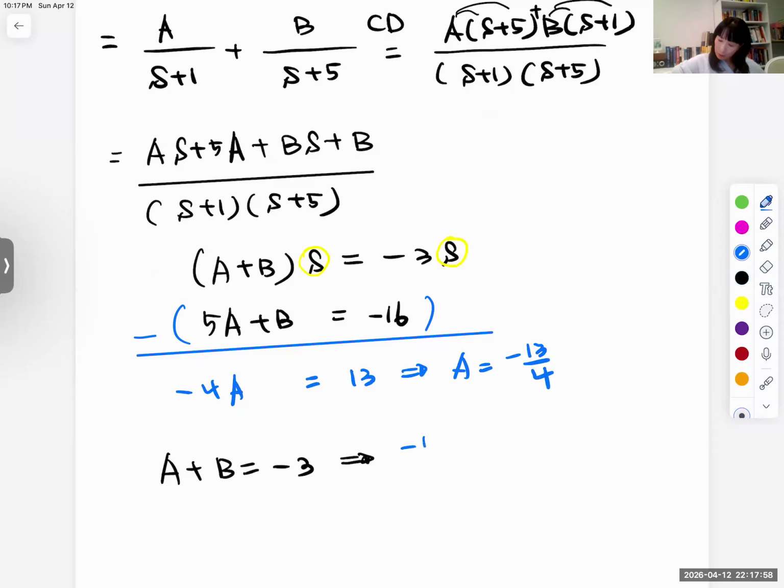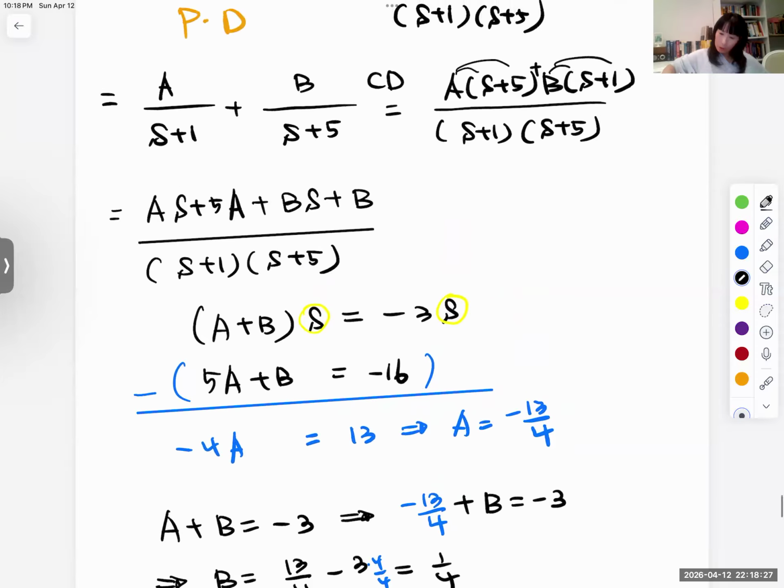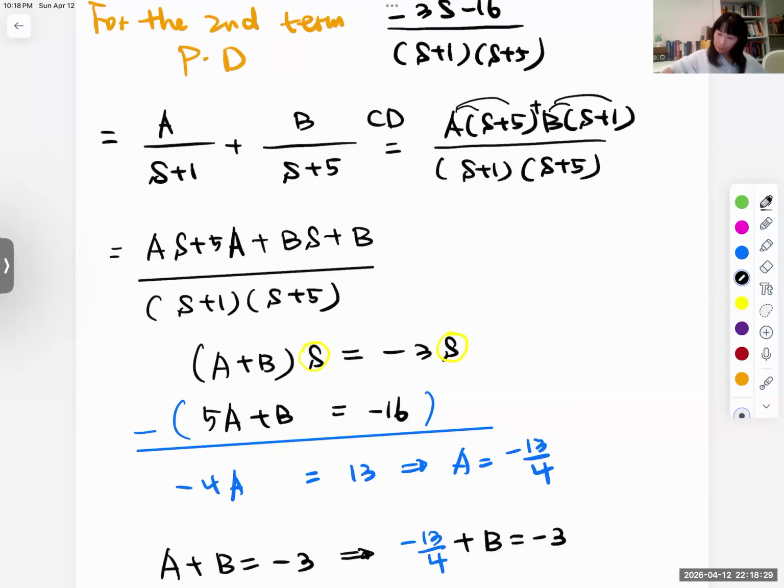So B equals positive 13 over 4 minus 3, equals, so 12 over 4... so we get 1/4. Yeah. Okay.